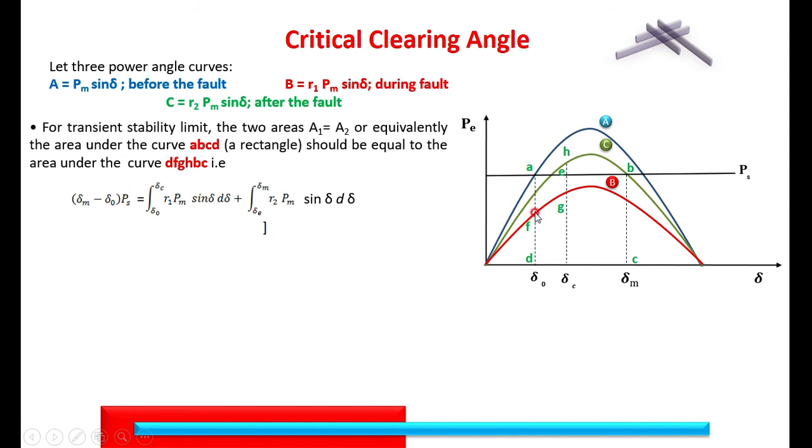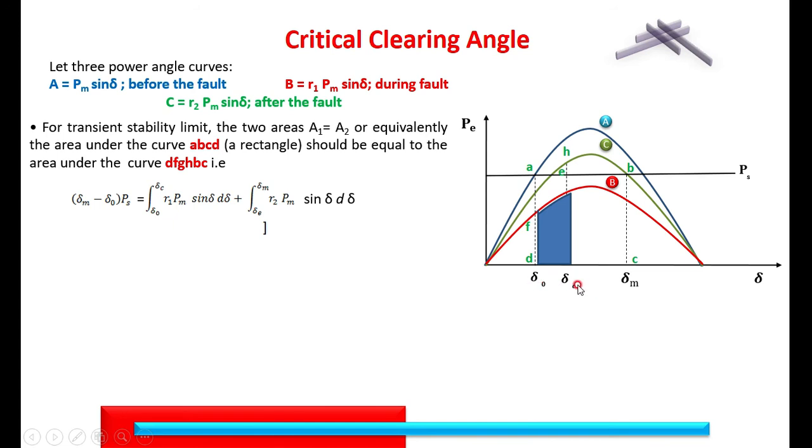Then it is moving from delta naught to delta C. Therefore, the area under FG is the integration of R1 Pm sin delta d delta between the limits delta naught and delta C. The same thing I marked here; this is the area you are interested in.